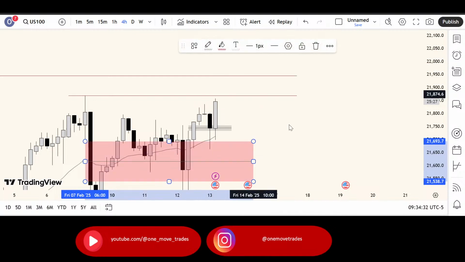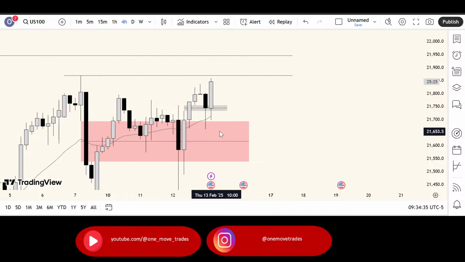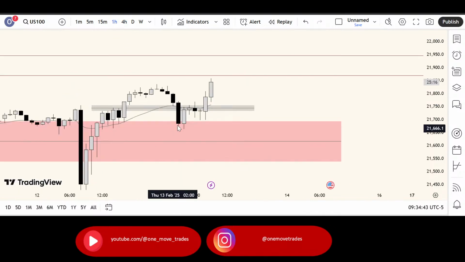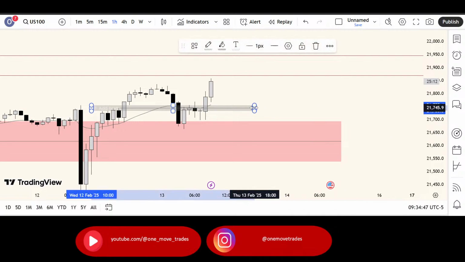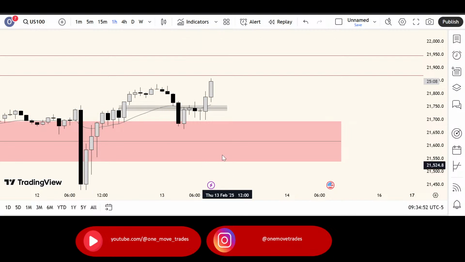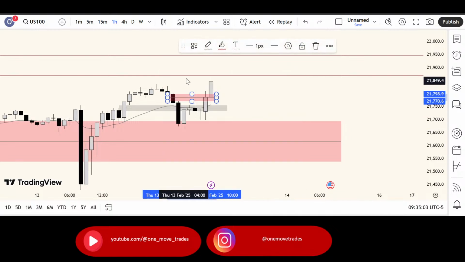We can treat it like a support level, and price will respect it and reject on it. On 1 hour we have the same fair value gap, so I will leave it, and we have this reversed fair value gap if price will close above it. So I will draw it. This is a 1 hour reversed fair value gap.